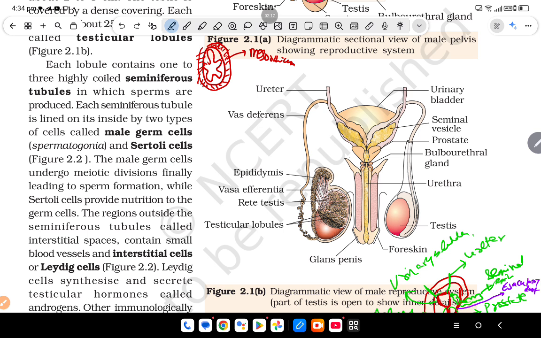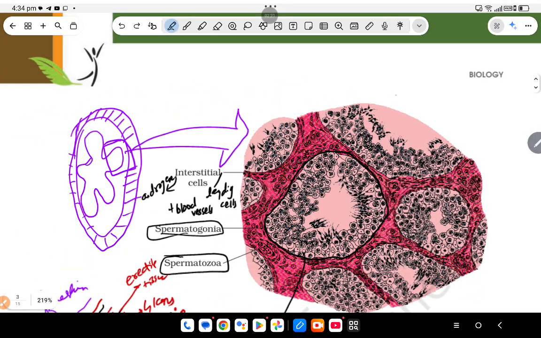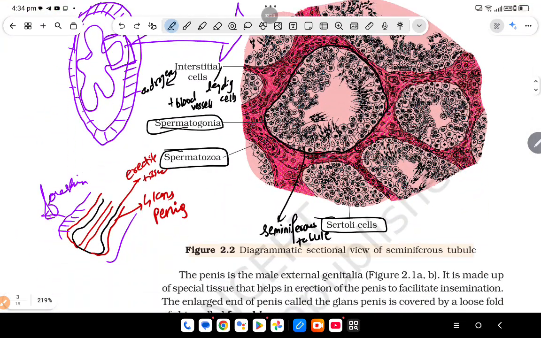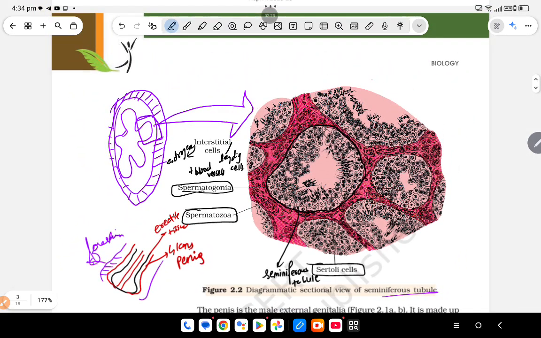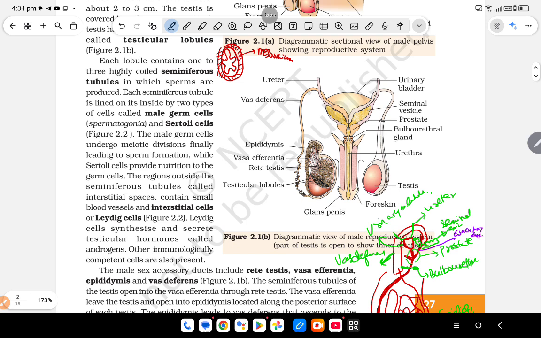If we enlarge the testicular lobule, we will get the seminiferous tubule. The seminiferous tubule is lined by spermatogonia and Sertoli cells.